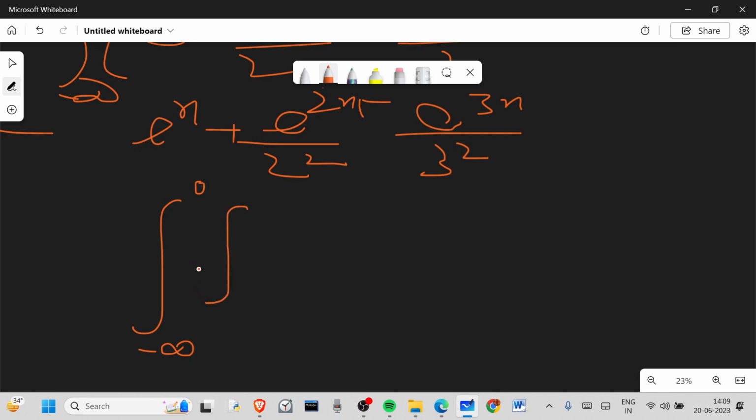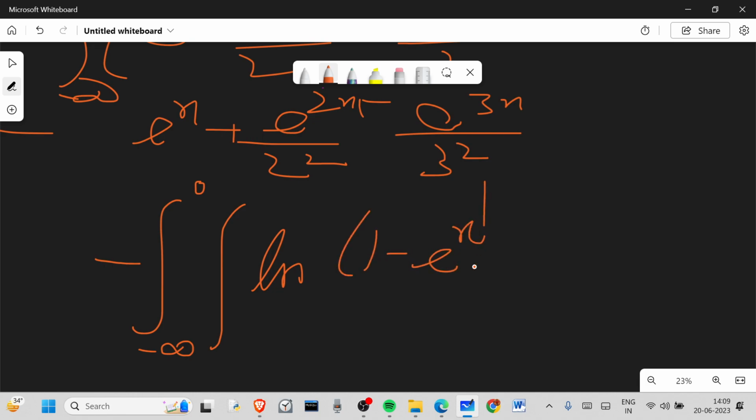Anyways, basically because here negative, of course, because it's giving minus zeta at 2, so minus zeta at 3 minus integral of ln 1 minus e to the power x. It's getting me zeta at 3, and it can be simply generalized.